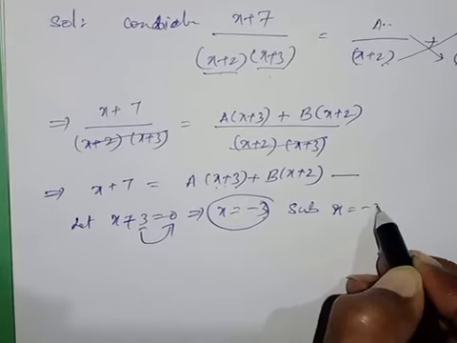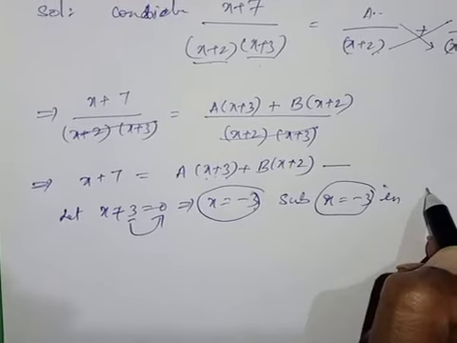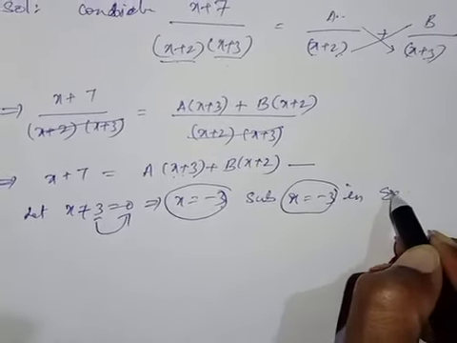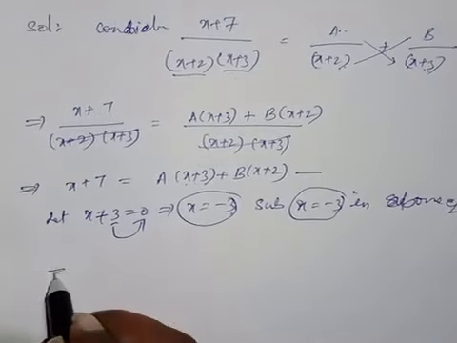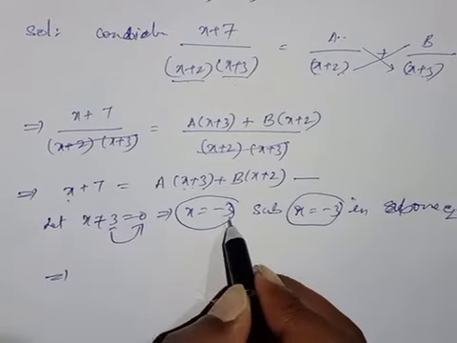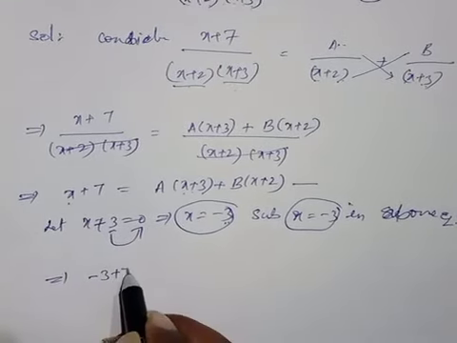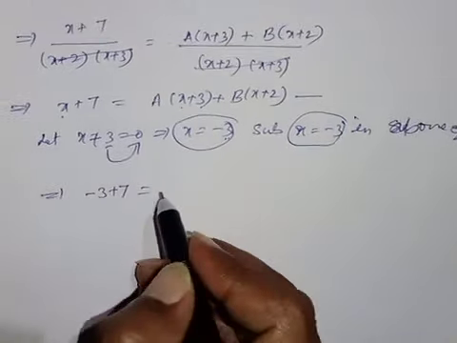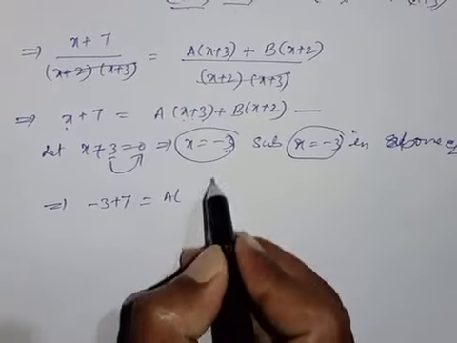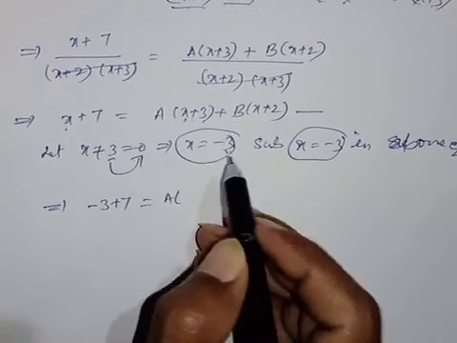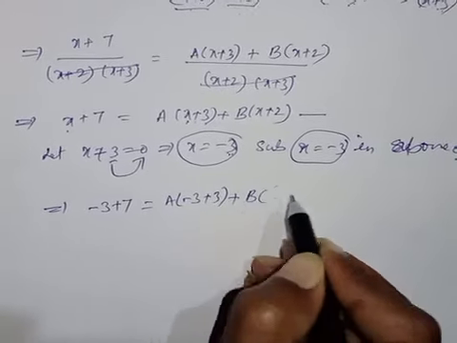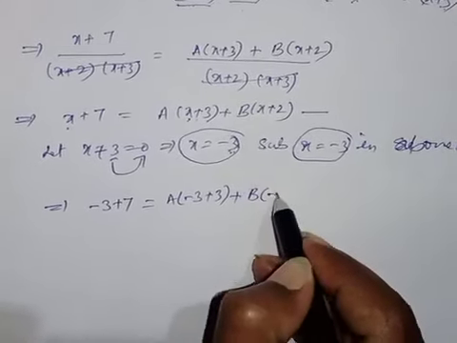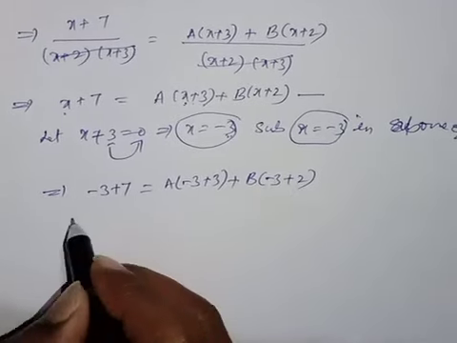Substitute x equal to minus 3: x + 7 becomes minus 3 plus 7, which is equal to A into (minus 3 plus 3) plus B into (minus 3 plus 2).